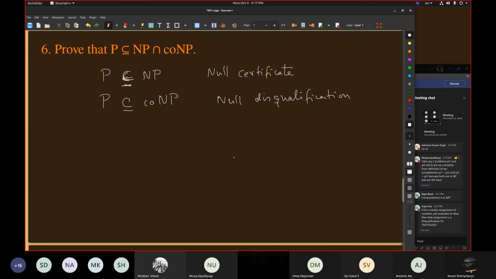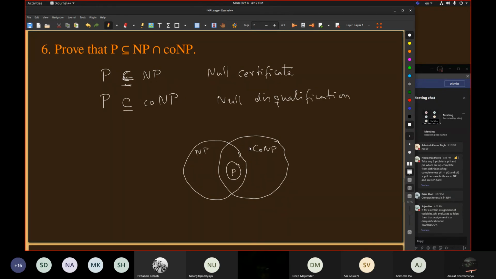So what are the classes? It's something like this. This is NP, this is co-NP, and in the intersection I have the class P. Now what about the containment? Is P properly contained in NP? Is P properly contained in co-NP? Is P properly contained in NP intersection co-NP?